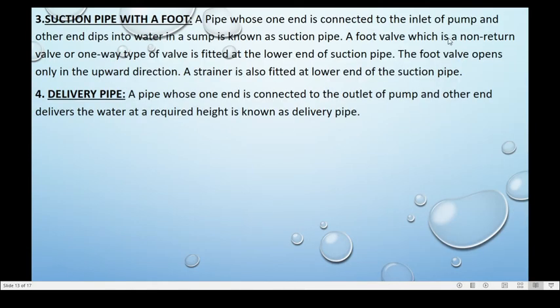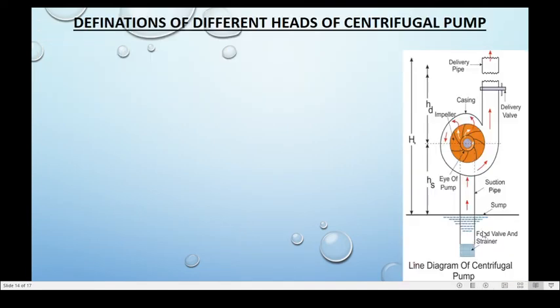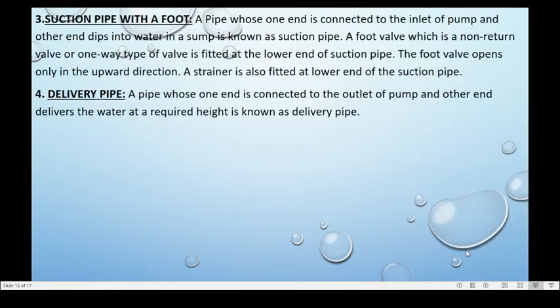And a foot valve, which is a non-return valve, and a strainer. A foot valve is a non-return valve, a one-way valve, fitted at the lower end of the suction pipe, and it opens in the upward direction. The strainer is also fitted at the lower end of the pipe.